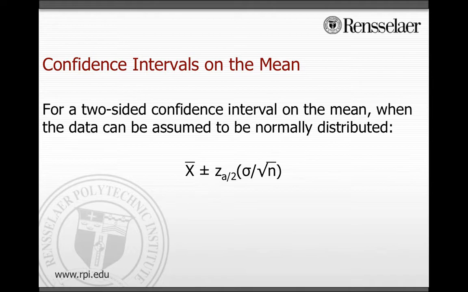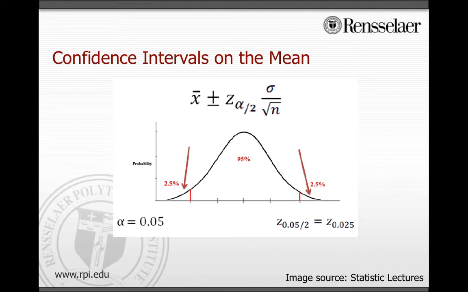The z-score, z sub alpha over 2, is called a critical value. For normal distributions, you will either need to look these up in the tables in the back of your textbook or use RStudio to calculate them. The graph here shows the importance of dividing alpha by 2 in the critical value.